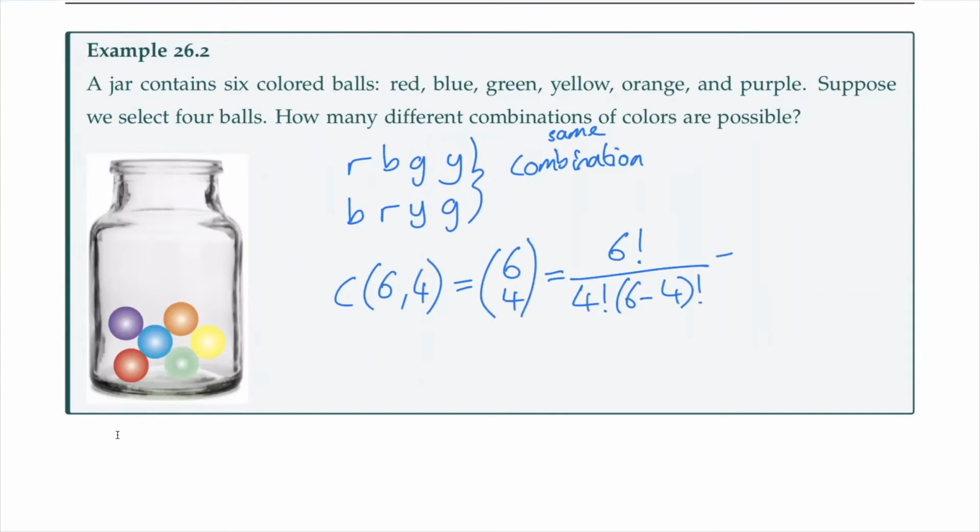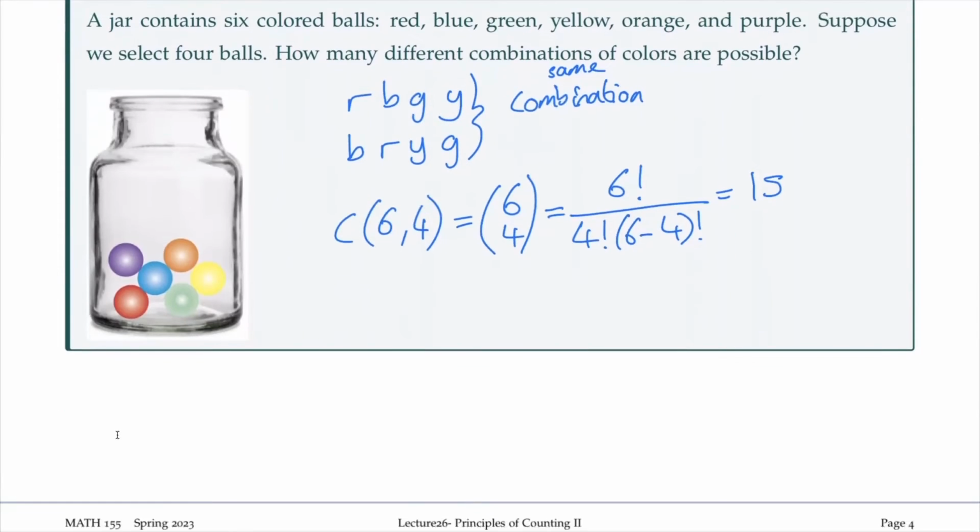If we work this out, it turns out to be 15. So there are 15 different combinations when we take 4 different colored balls without repetition from a jar that contains 6 different colored balls. Again, remember, these are unordered, so we don't care about the order, we just care about the end product of different balls that we get.